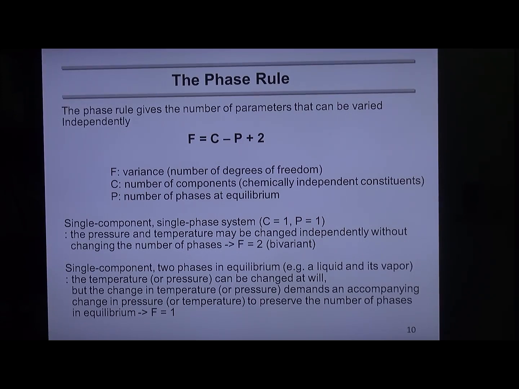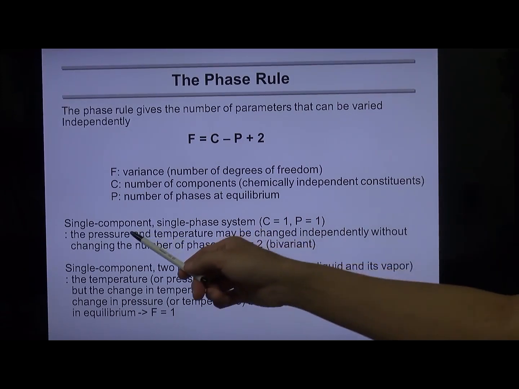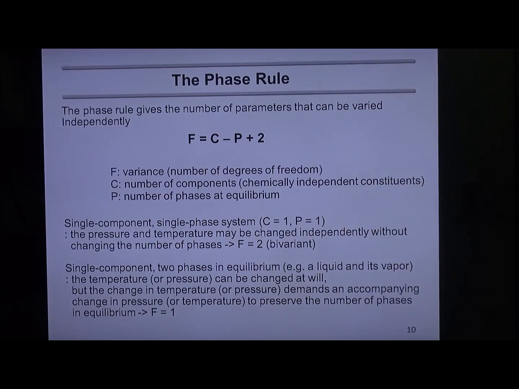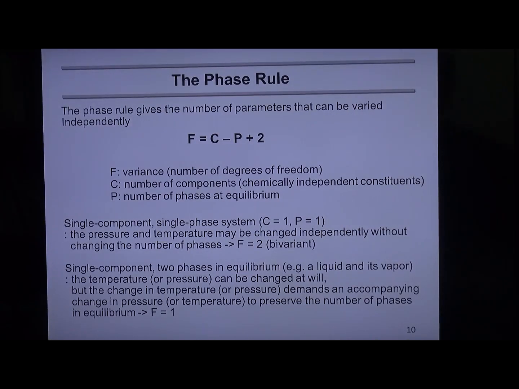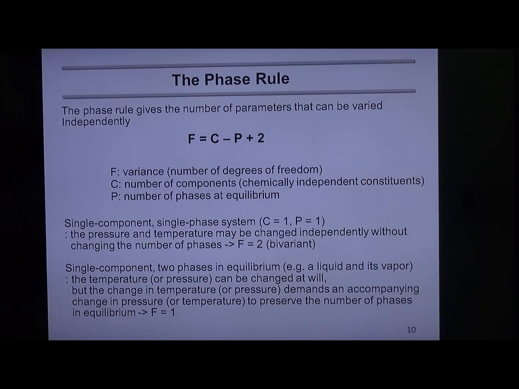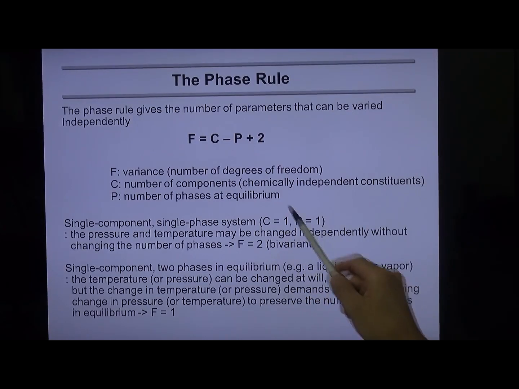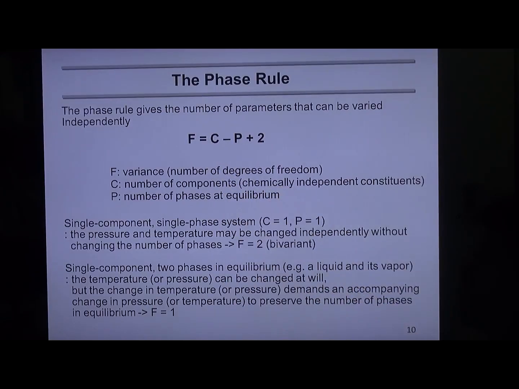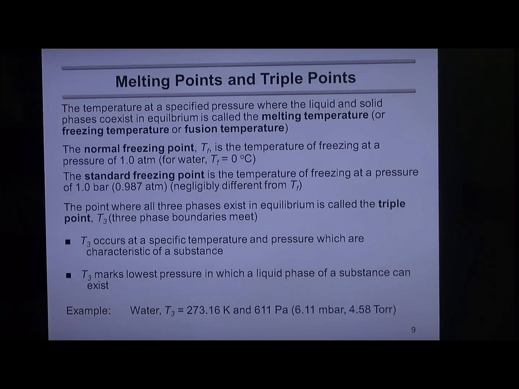So, first, a single component, single phase system. Let's consider a very simple system. We only have a single component, one phase. If C is 1 and P is 1, then F is 2. Which means that we can just use the phase diagram.